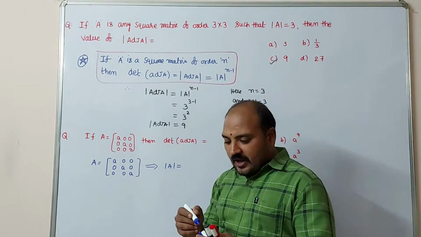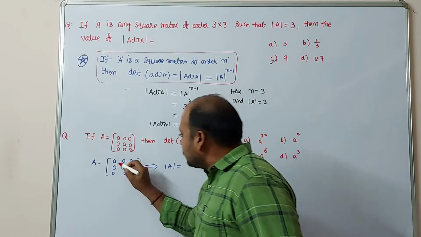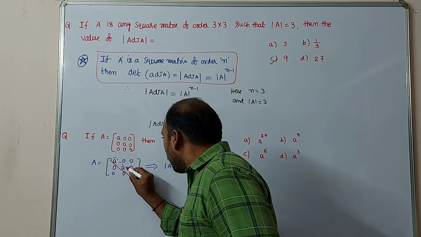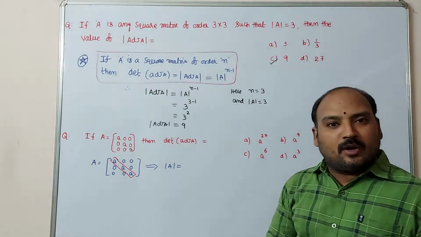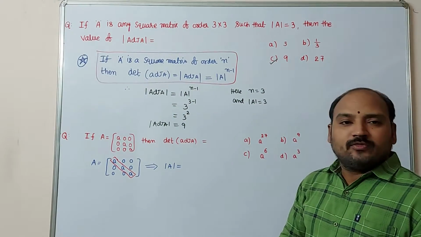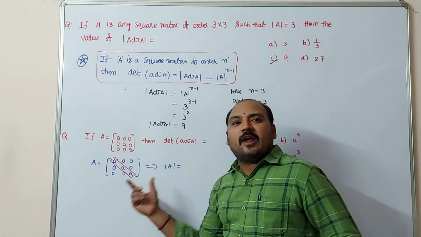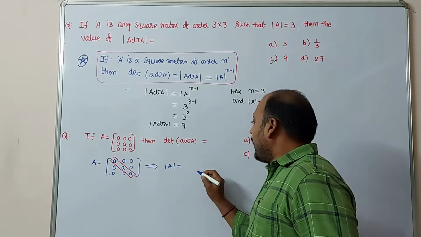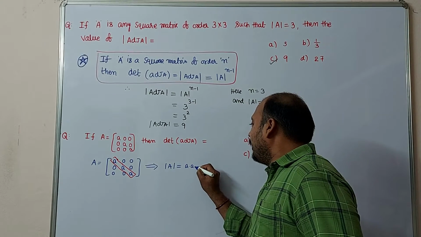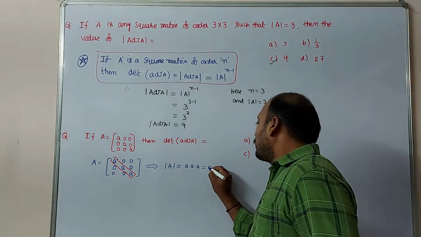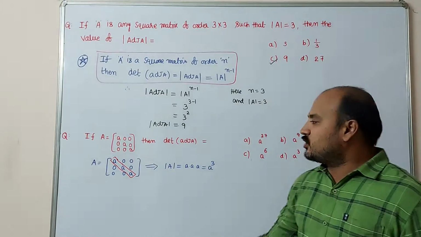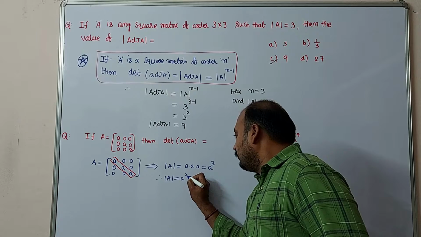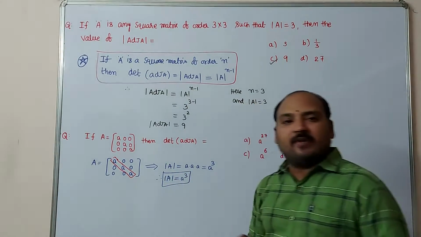The principal diagonal elements in this matrix are A, A, A. So the determinant is A into A into A, which is equal to A cube. So det A is equal to A cube.